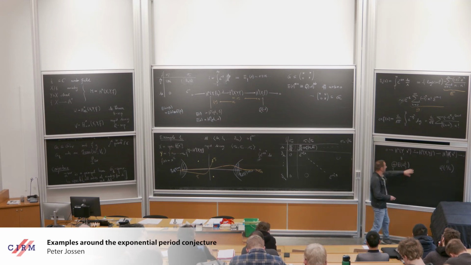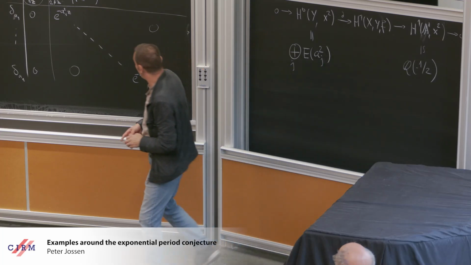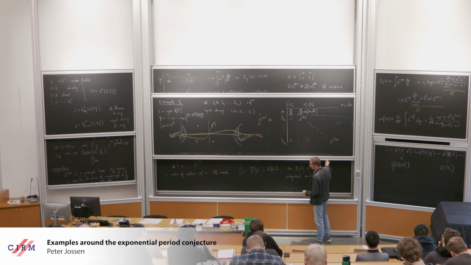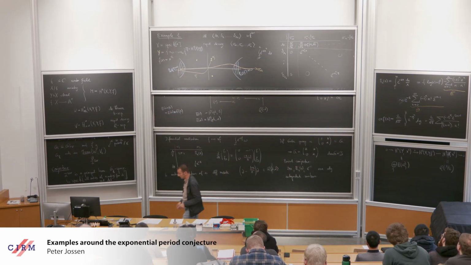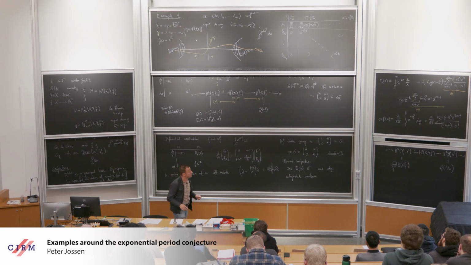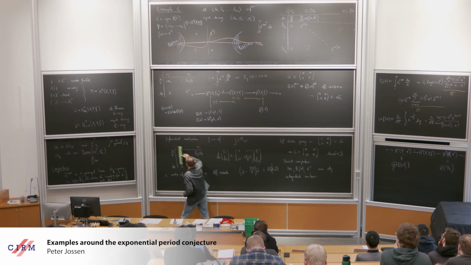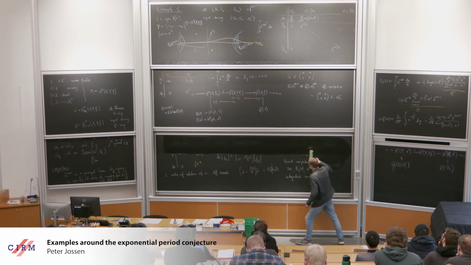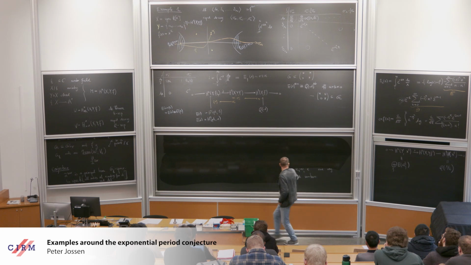And, well, then there is again the question of the extension. So your motivic Galois group will have a shape that looks just like something the period matrix suggests.